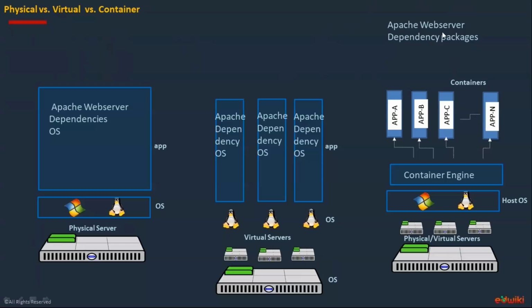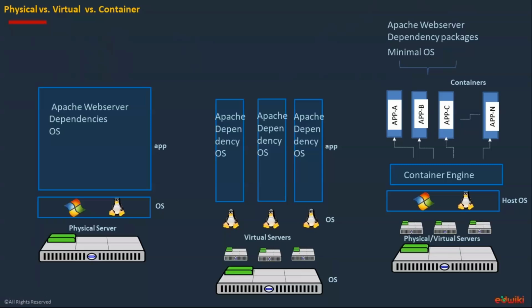Now, the Apache software that you wanted to run, the dependencies needed to run Apache, and the OS needed to install the software, all of these are now inside your container.